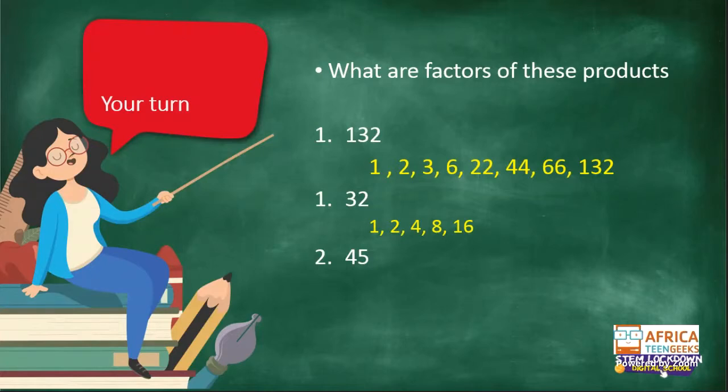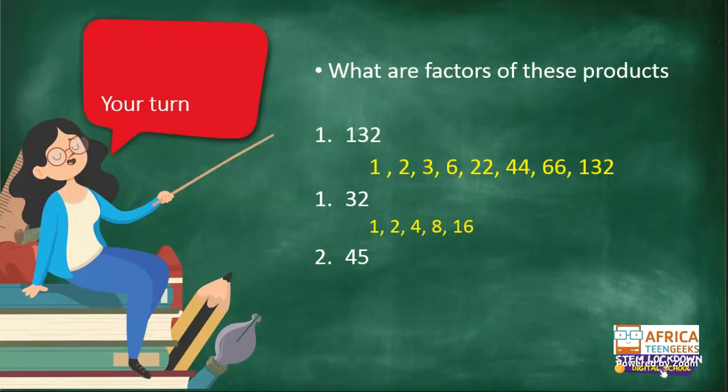So let's look at 45. What are the factors of 45? We have 1, 3, 5, 9, 15, 45. The other one says we have 1, 3, 5, and 45.